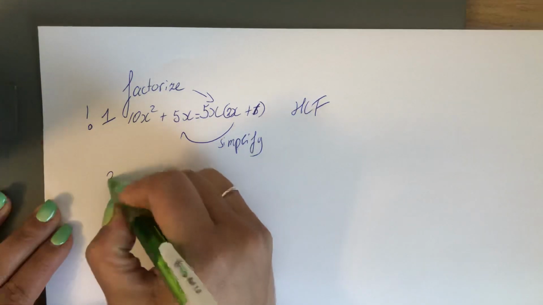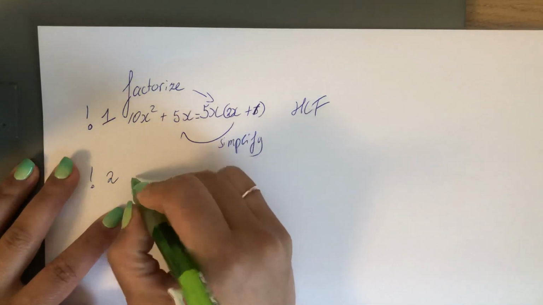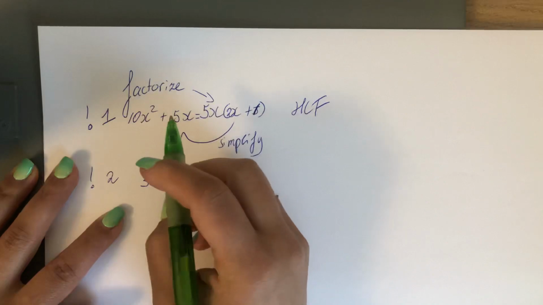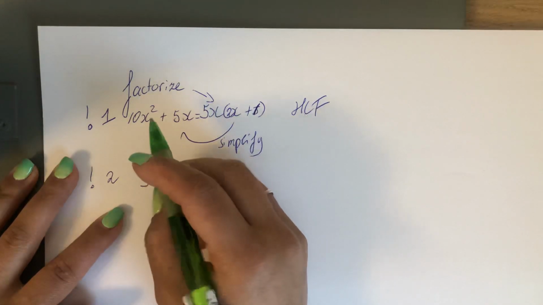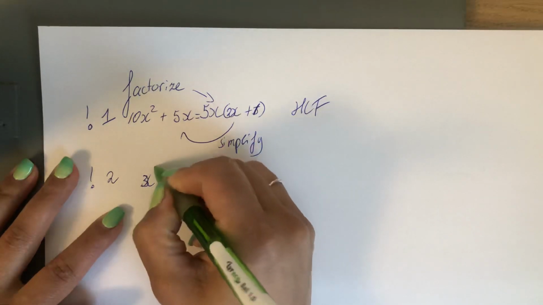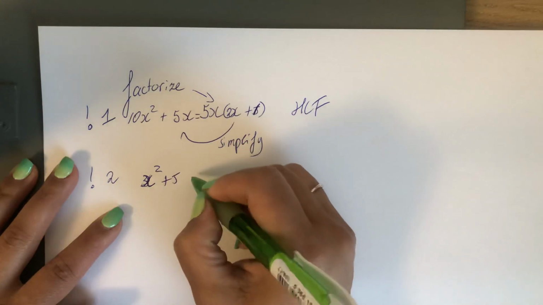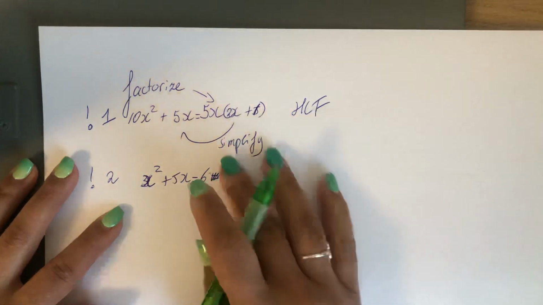Then the second way of factorizing is when you have, for example, this. Let's take it easy. So when you have x squared plus 5x minus 6, it is not equal to 0, it's nothing because we're just factorizing.